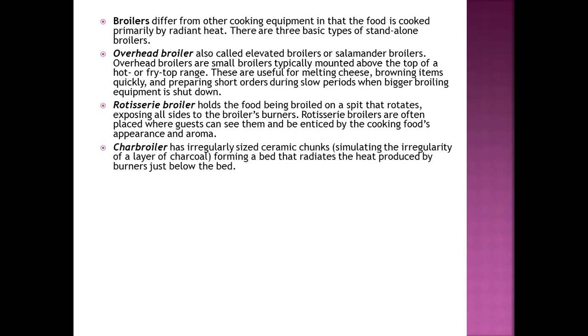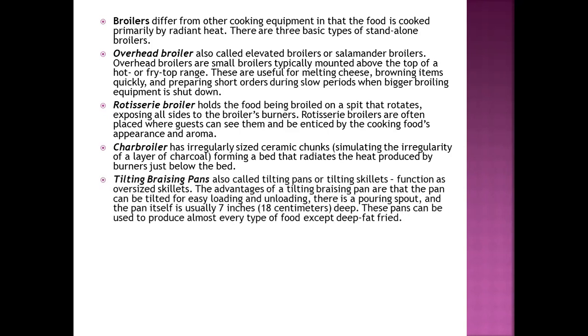And then the char broiler has irregular sized ceramic chunks, forming a bed that radiates the heat produced by burners just below the bed. So this is basically from a layer of charcoal to heat up. And tilting braising pans are also called tilting pans or tilting skillets, and they function as oversized skillets.